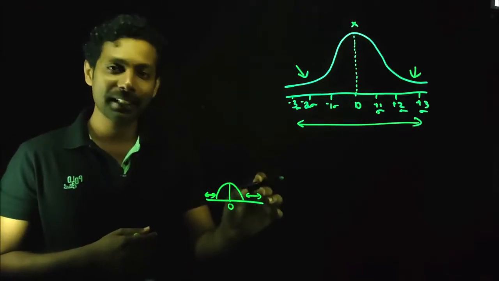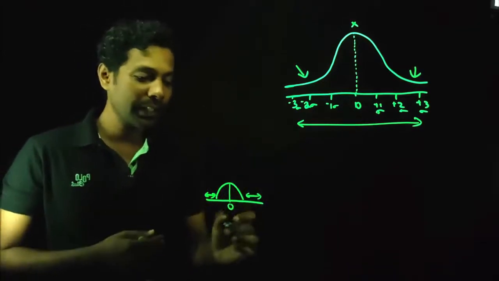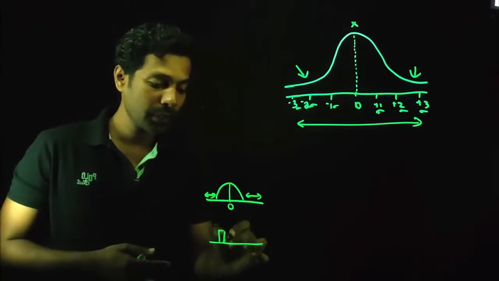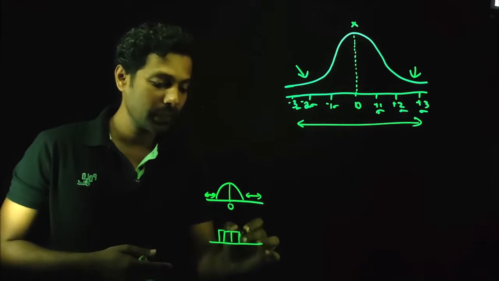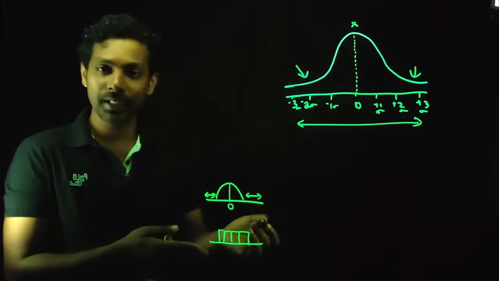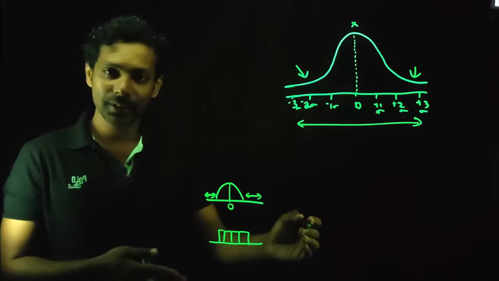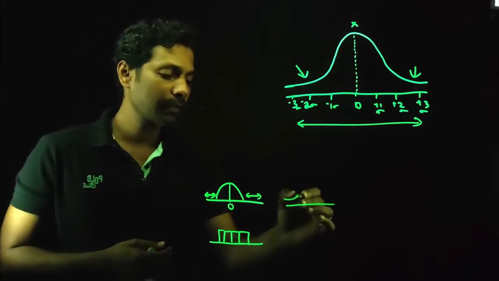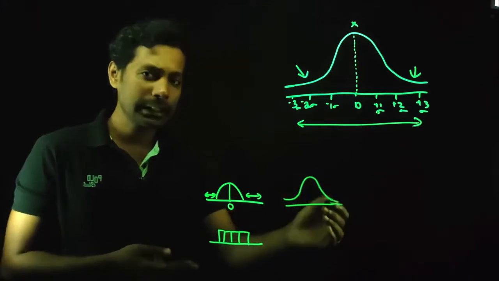So this is a platykurtic curve. Or if you have data that looks like a uniform distribution, the frequency histogram would look like this. It's a platykurtic curve.